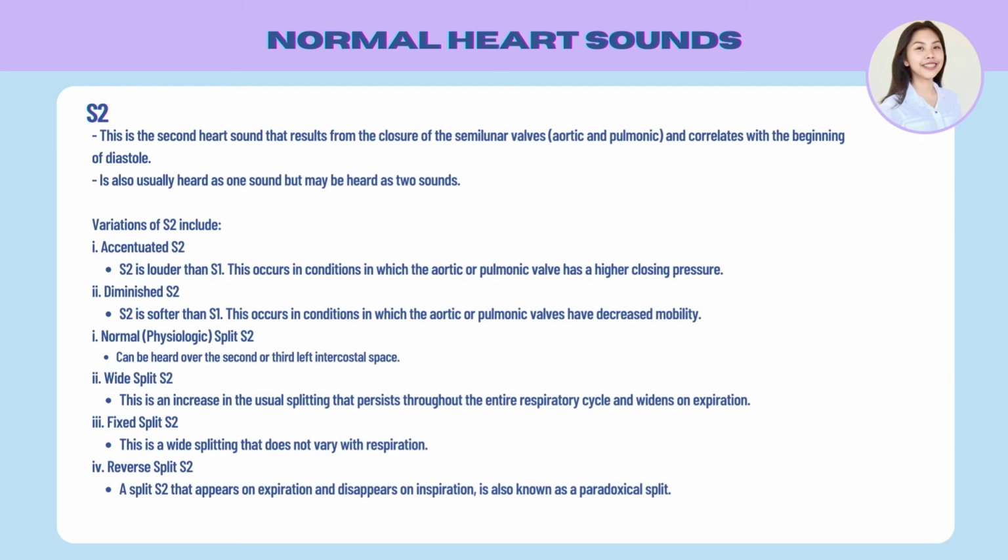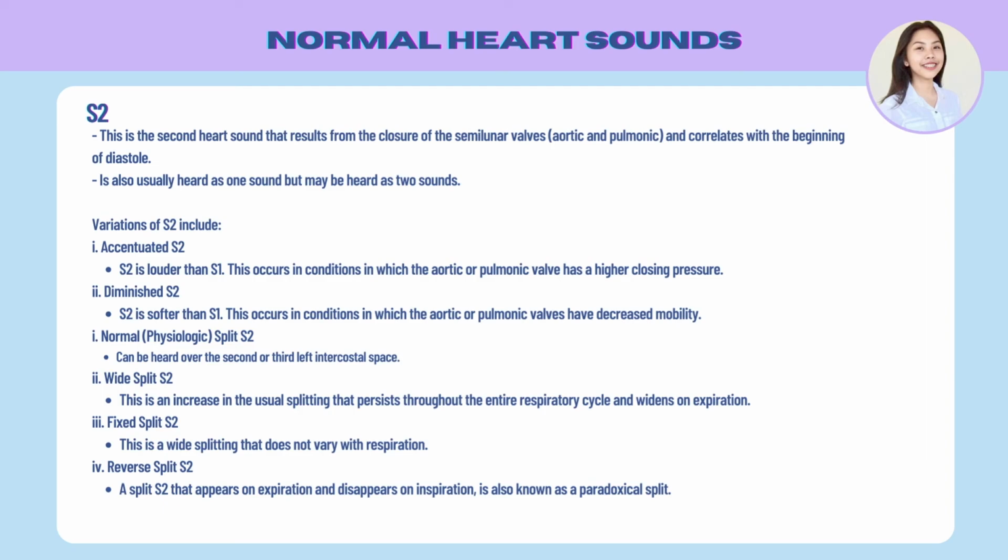For wide split S2, this is an increase in the usual splitting that persists throughout the entire respiratory cycle and widens on expiration. It occurs when there is delayed electrical activation of the right ventricle. Examples include right bundle branch block.